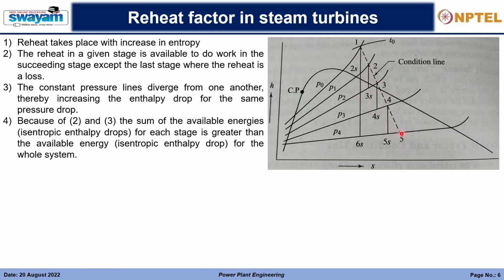If we add all these 4, we will get a higher amount of enthalpy than 1 to 6s. So that is the case. Already we are getting some loss, but due to the loss we are also having higher enthalpy drops in the turbine. That is the concept of reheat.